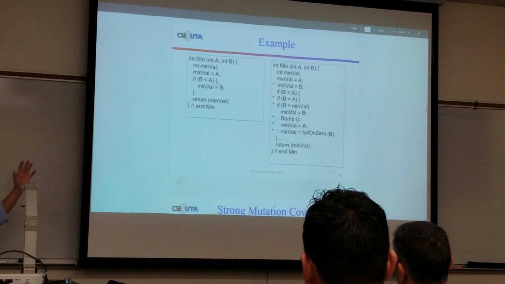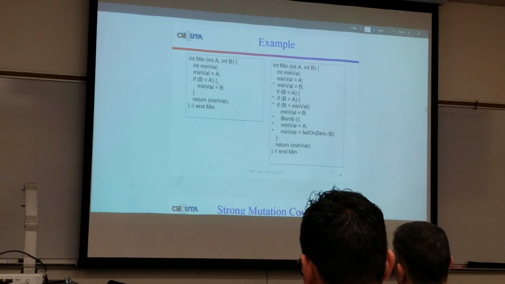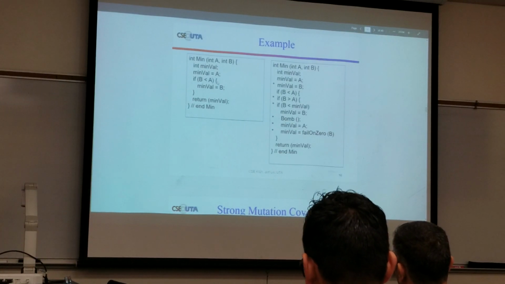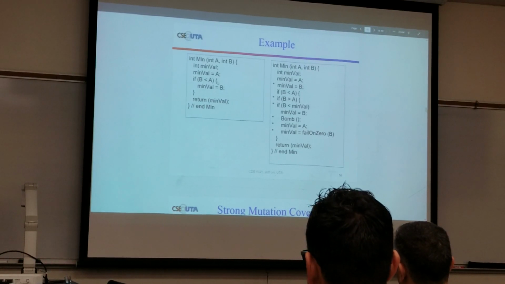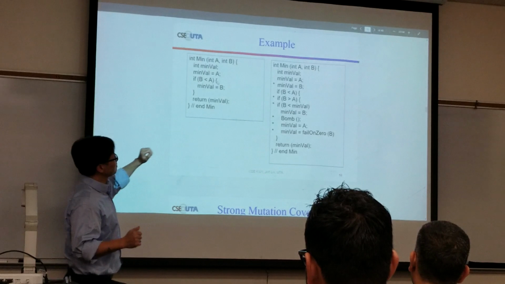This systematic seeding is supposed to contain the representative bugs the programmer could hide in the program. Then you can apply different techniques to see how many bugs you could detect.